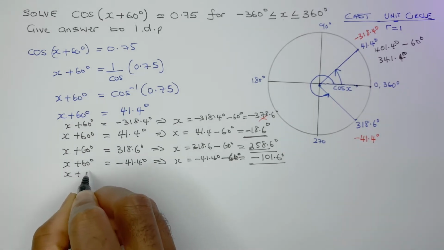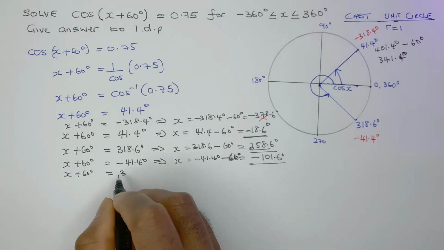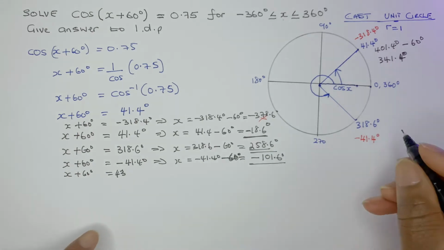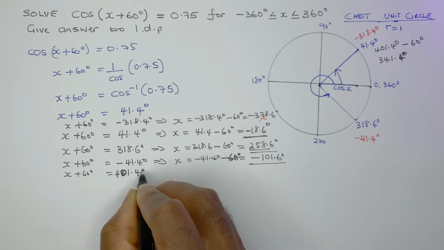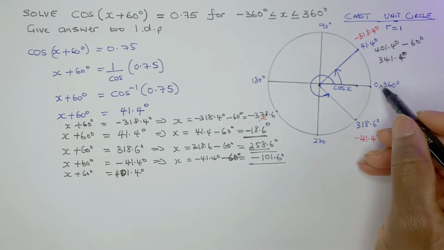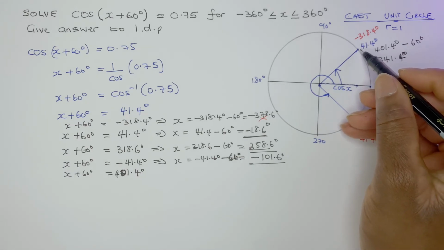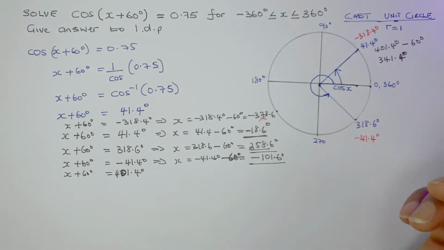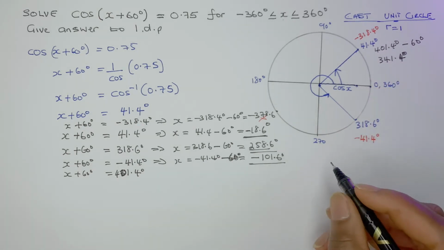So that's x plus 60 degrees equals 401.4 degrees. So I went 360 when I go round once and then went to that again, because I knew if I take away 60 from there, I will then get below 360.